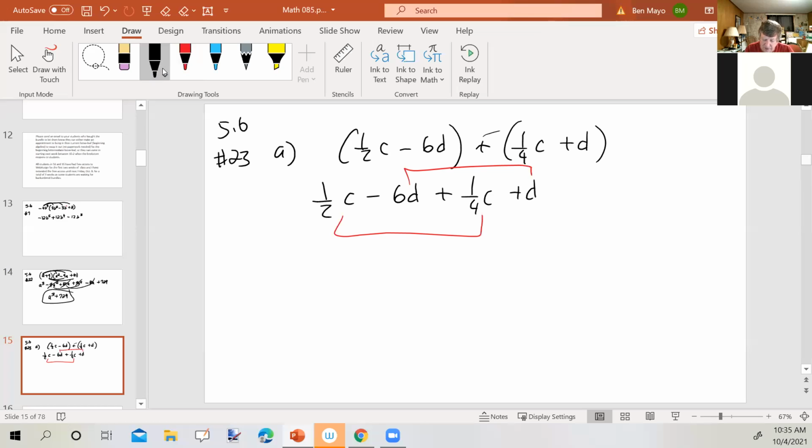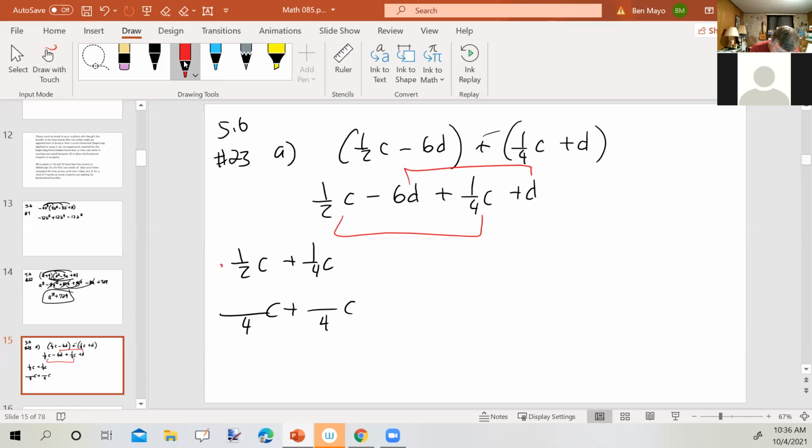The 1/2 C plus 1/4 C, to add those, I need a common denominator, which is 4. So 1/2 C plus 1/4 C. How many fourths C plus how many fourths C?